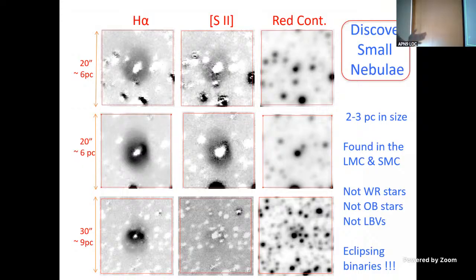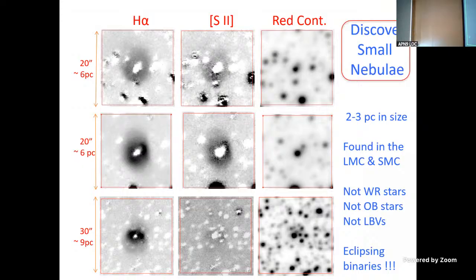So what are they doing? Why do they shed mass like this? It's not a shell. It looks like just a blob, like a ball of gas. Okay, so these small nebulae around eclipsing binaries are found in both the Large Magellanic Cloud and Small Magellanic Cloud. Actually, we started to do this because I wanted the students to say, you know, Wolf-Rayet stars, OB stars and LBVs all have small nebulae around them.